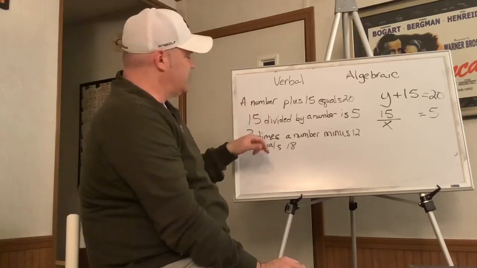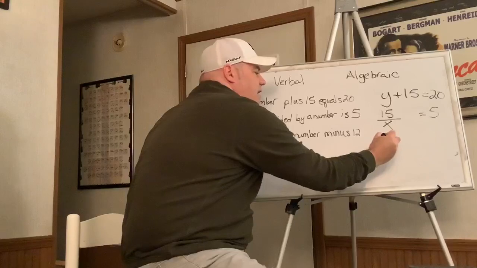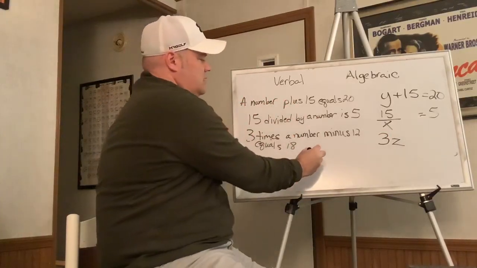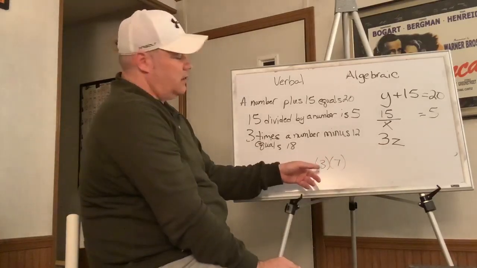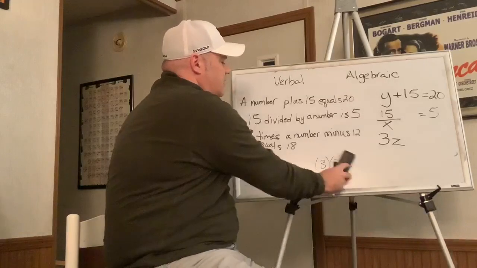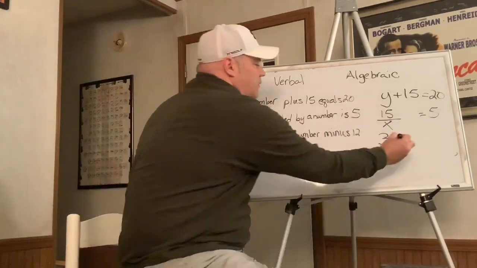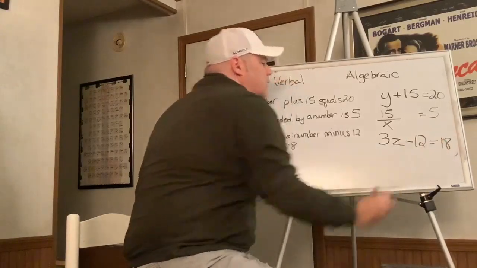Let's use z in this case. 3 times a number, so 3 times z. And when you times things, you can put them together. Remember when I did just 3 times 7 even? We could put them together. Okay, so that's what I did here. 3z, 3 times a number minus 12 equals 18.